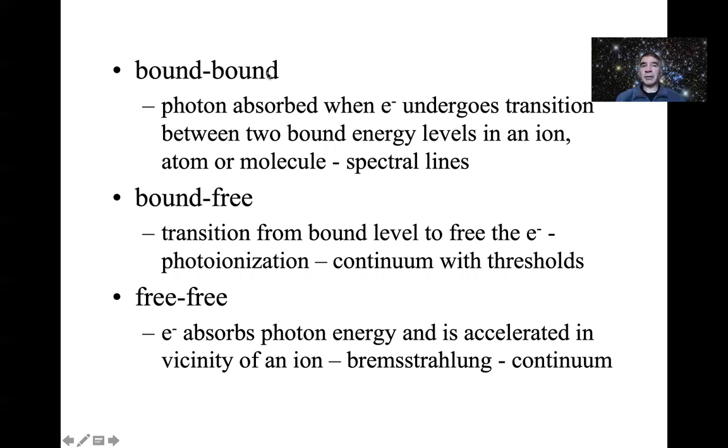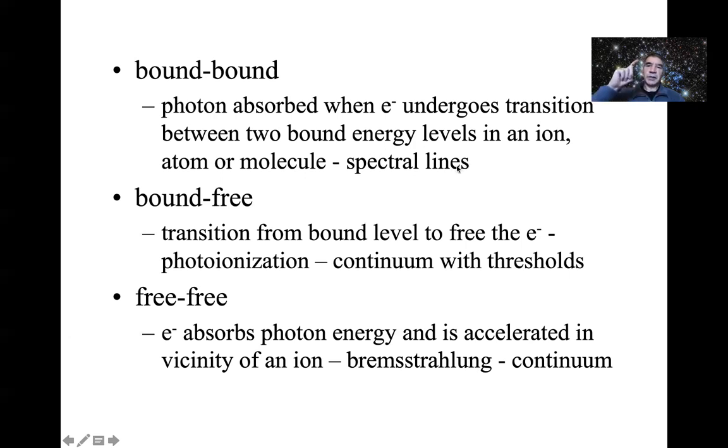So you're going from one bound energy level in an atom to a higher bound energy level in that atom. And the difference in energy between those two levels corresponds to the energy of the photon, which is just proportional to its frequency. These kinds of interactions are what would give rise to a spectral line.